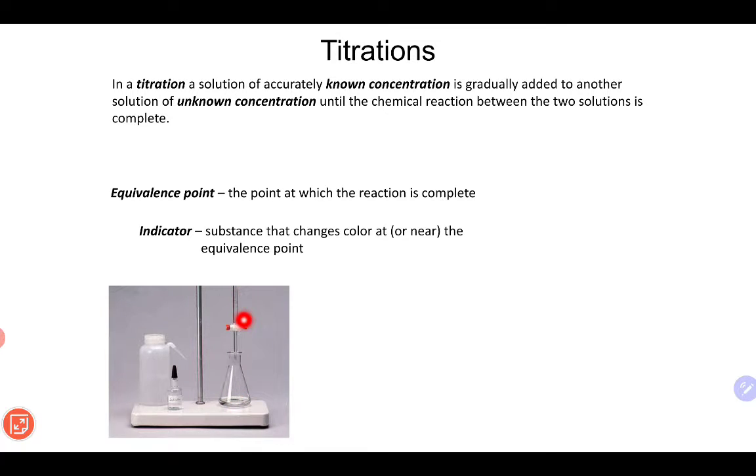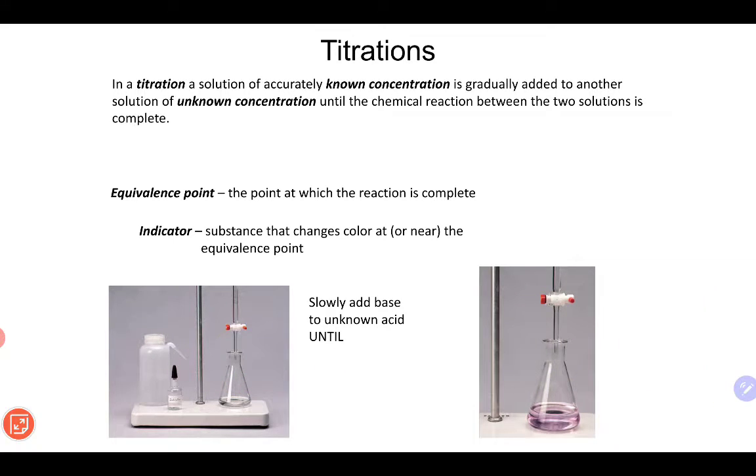And we carefully add the solution from the burette to the solution in the flask until we get to what's called the equivalence point. So we slowly add base to our unknown acid, and for example, one indicator is phenolphthalein, which will be colorless in an acid, but when we add enough of the base to make the solution basic, it changes color from being colorless to being pink. And when that changes color, we know that we have stoichiometrically equivalent amounts of those two materials.